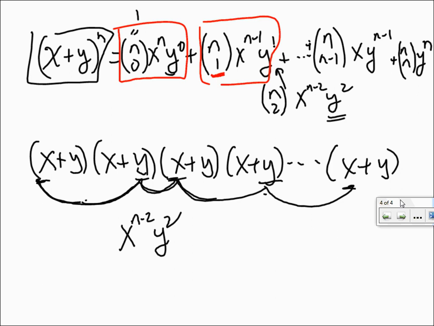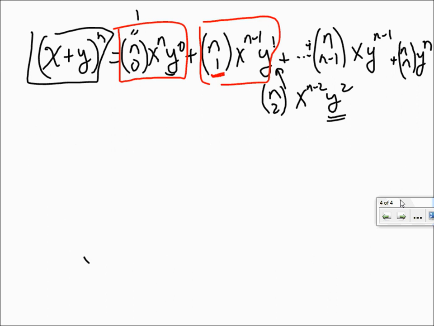And how many ways can you choose those 2 y's from the n? n choose 2 ways. And if you keep going all the way to the end, n choose n.